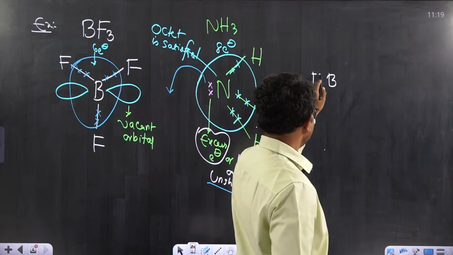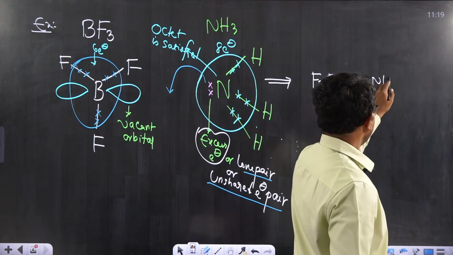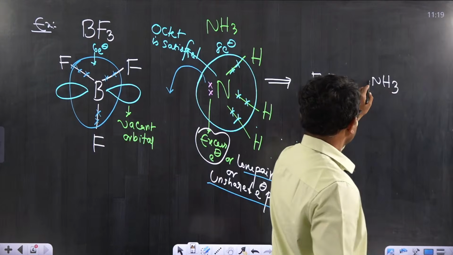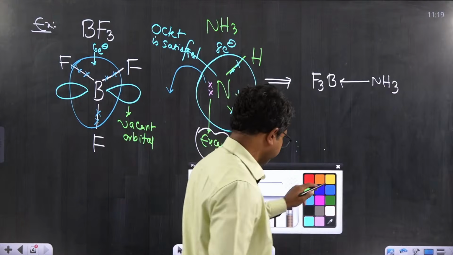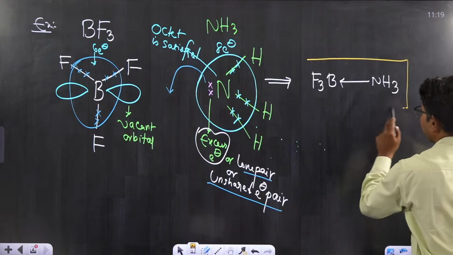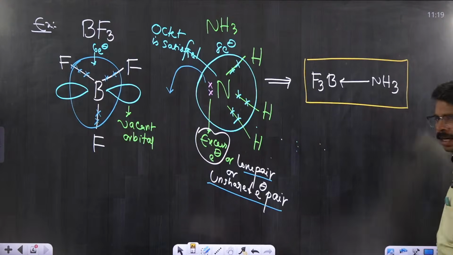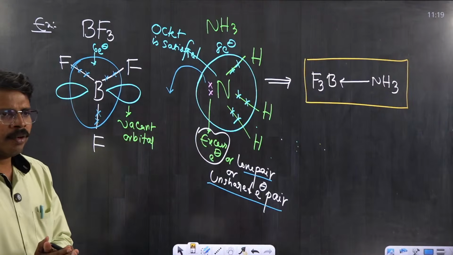So, BF3, let me write it this way, and ammonia. Since nitrogen is providing its electrons for bonding, in this way we can expect the formation of a dative bond between BF3 and NH3. I hope this point is clear. Have you got this point? Was it clear?